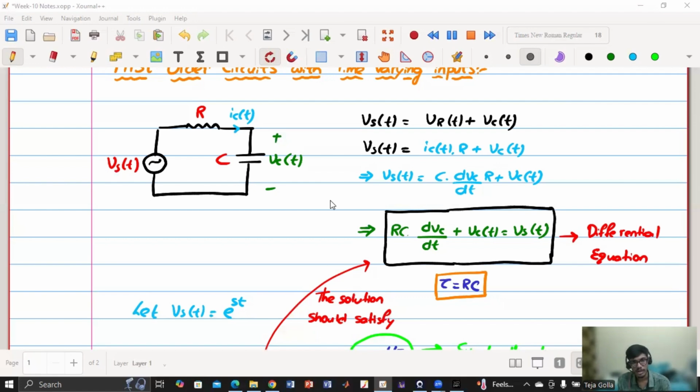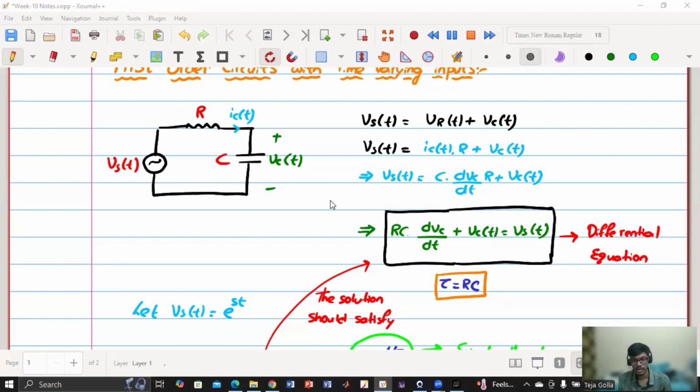So that's why it will always be dissipating, which means with respect to time the capacitor voltage will become smaller and smaller until it becomes zero. So all the power that was initially there in the circuit will be dissipated as heat through the resistor. Now if there is a larger resistor, then tau will be large. If it is a smaller resistor, tau will be small.